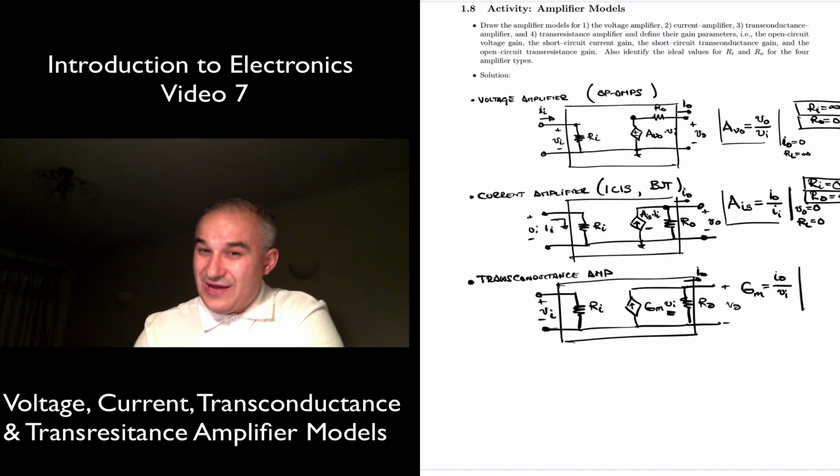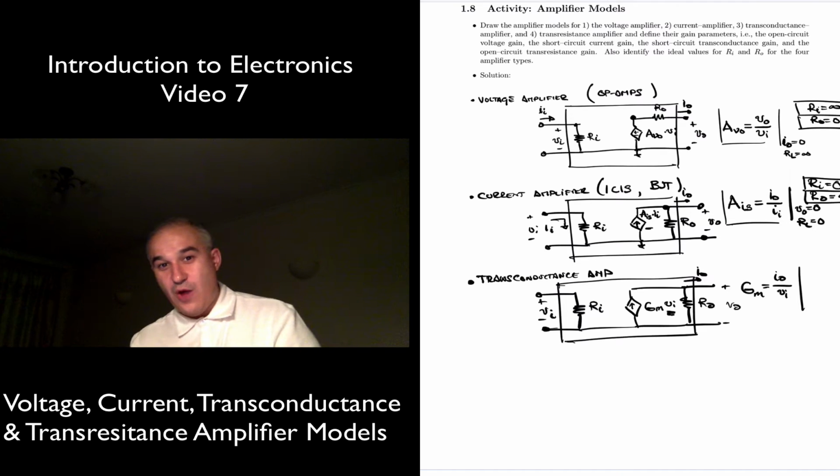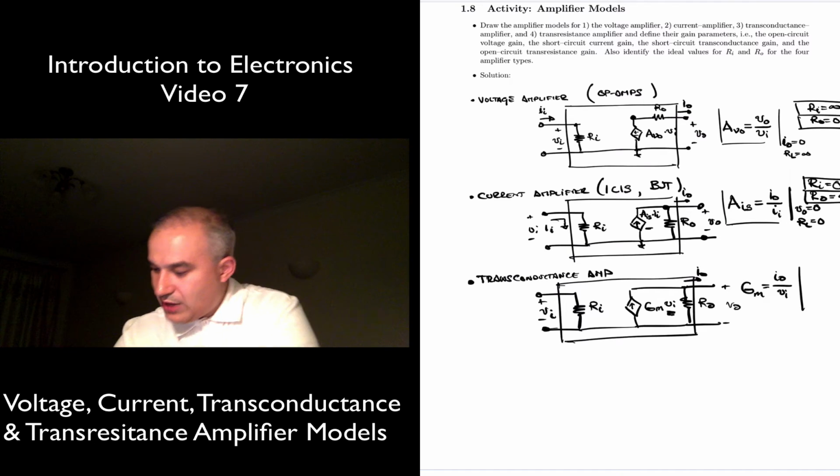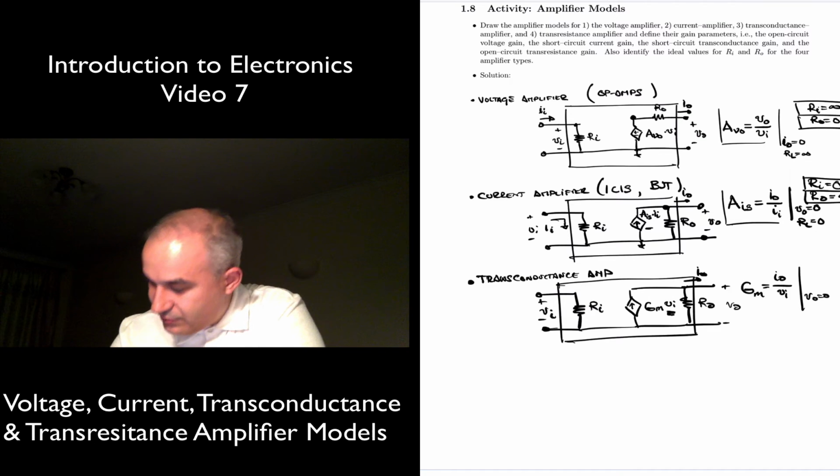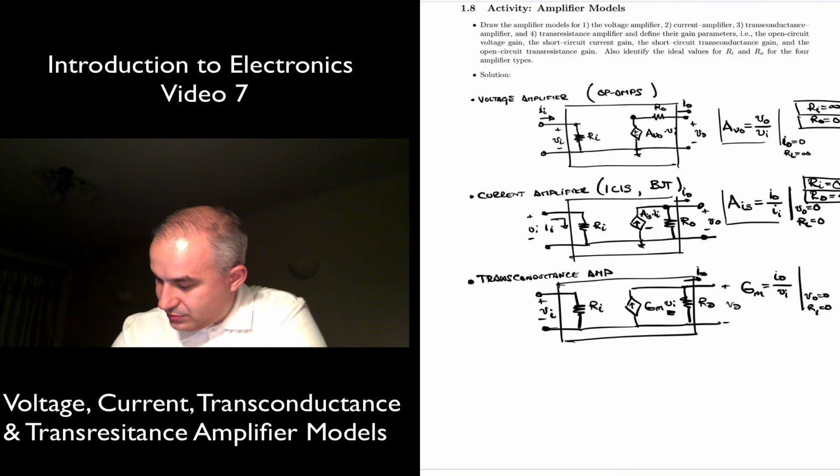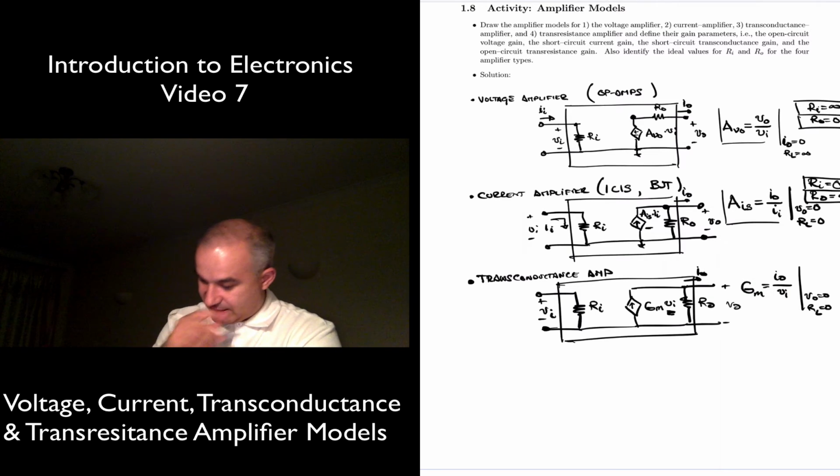Now, since we have a current amplifier at the output, the maximum output current is going to occur when the voltage is equal to 0 or the load is equal to 0, right? It's a short circuit.